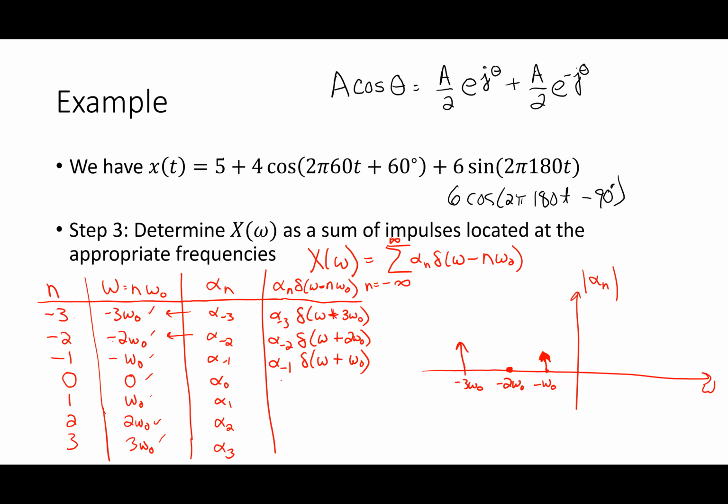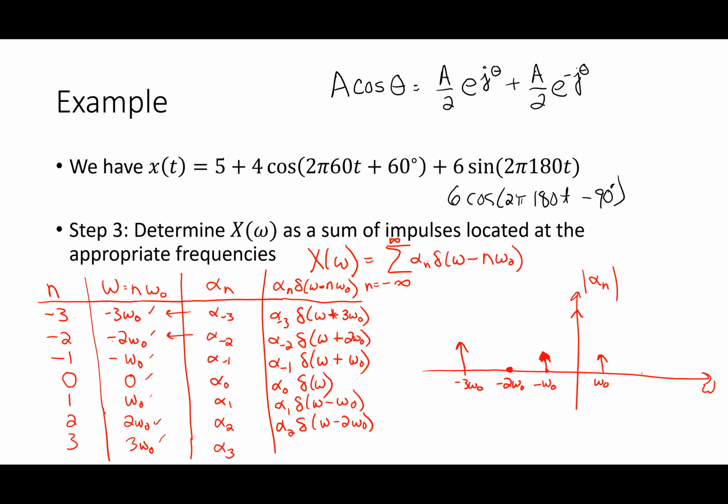All right. And then we have alpha 0 times delta of omega. This guy is at n equal to 0, and he has a height of 5, or an area of 5. Then we have alpha 1 delta of omega minus omega naught. That's going to be here at omega naught. And then we have alpha 2 times delta of omega minus 2 omega naught.